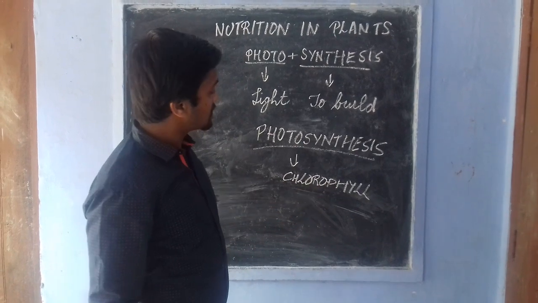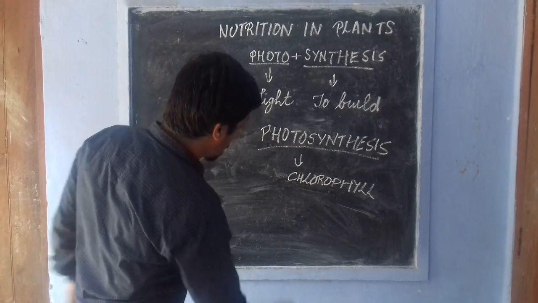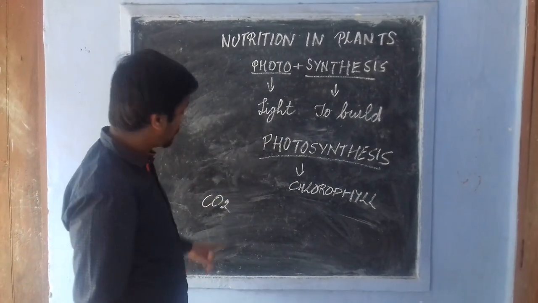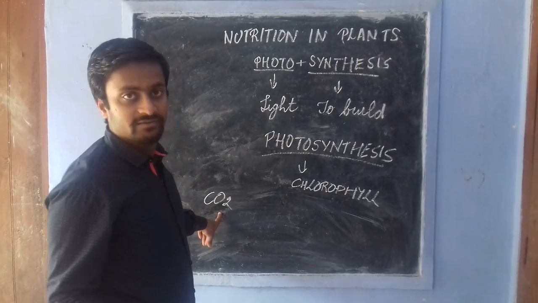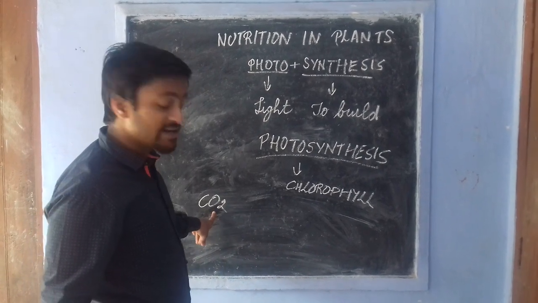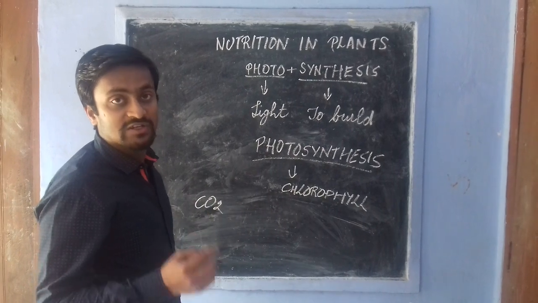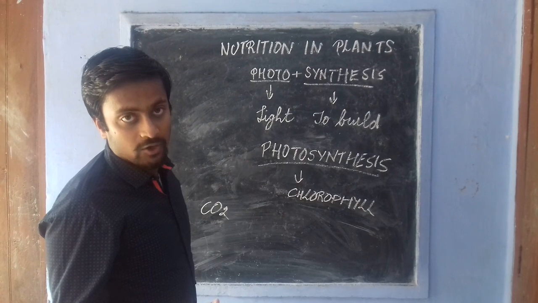So what happens is, for photosynthesis, plants need carbon dioxide, CO2, which is taken up by the plants from the air. Because carbon dioxide is abundantly present in air, so this carbon dioxide is taken up by the plants from the air with the help of small pores which are present in the leaves called as the stomata.